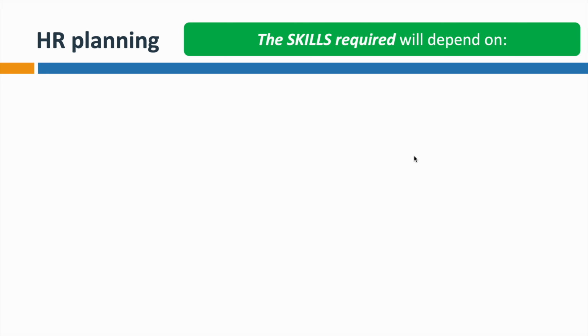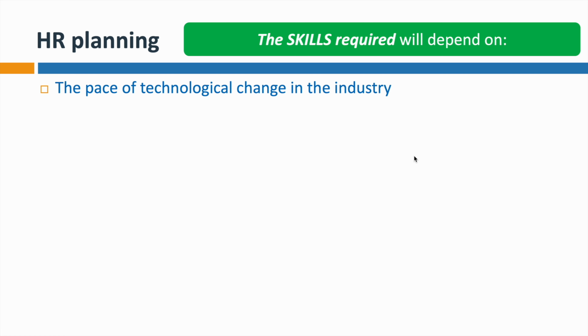When we're talking about the skills required in HR planning, the skills required will depend on, first of all, the pace of technological change in the industry. You can have a minute or two to think by yourself how that is going to affect the skills. If the pace of technological change in the industry is fast, if technology is changing faster, will we require more skills or better skills or higher skills or maybe different skills from our employees?